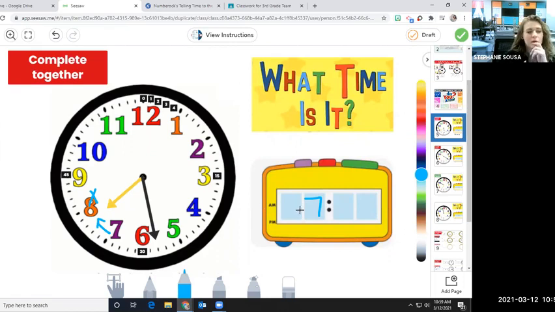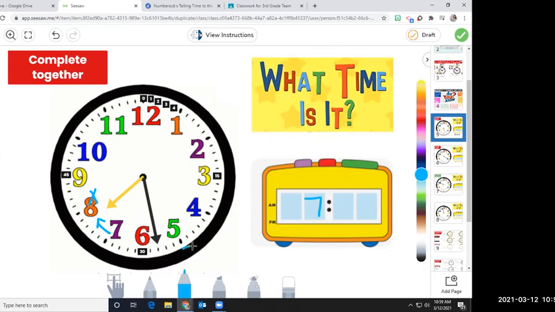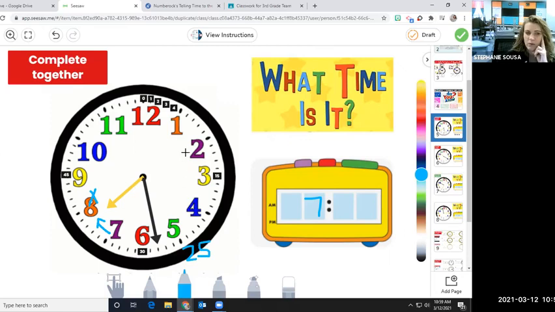All right, we're going to look at our minute hand. Okay, our minute hand, same thing. We're going to stretch it out right there. Okay, it's pointing pretty close. I know that 5 times 5 is 25. So I'm going to start at 25, and then we're counting by ones.